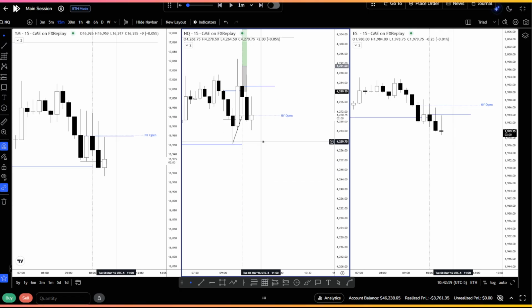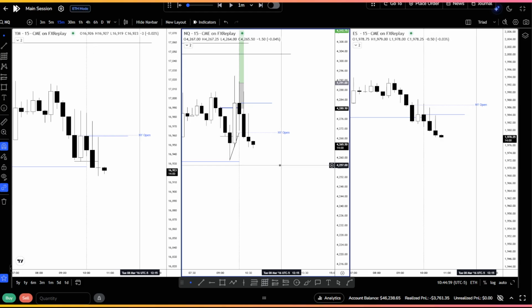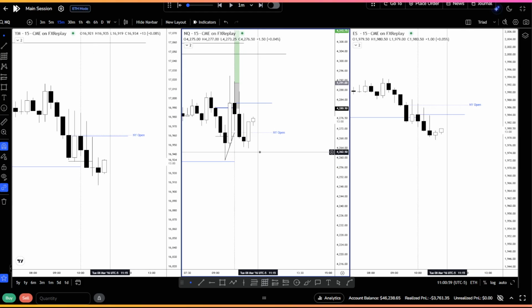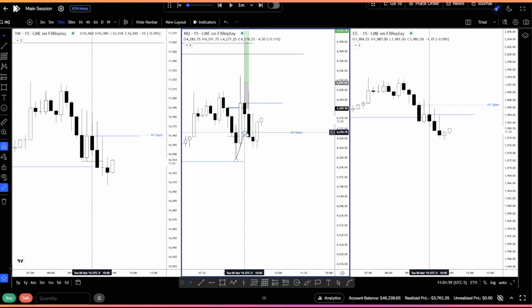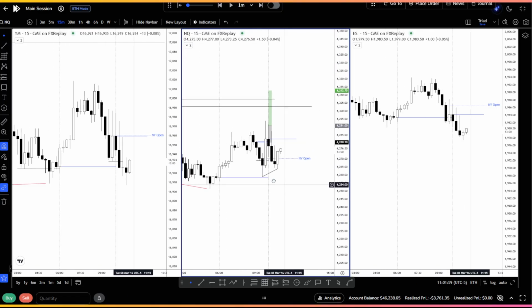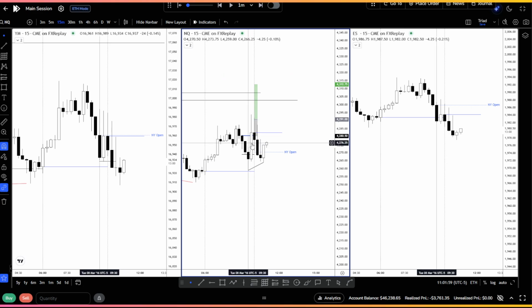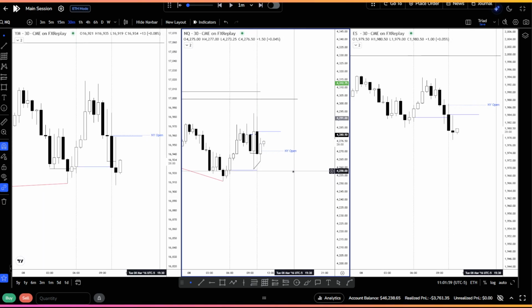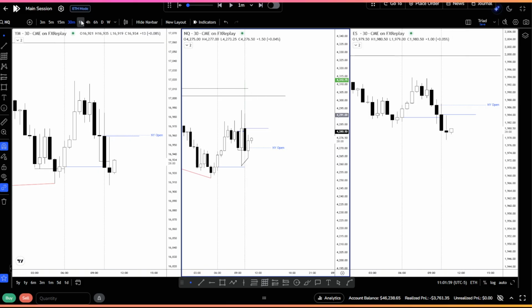This does not look good for the upside, honestly. We are just grinding lower. We do have this SMT now, but as I was saying, I do not want this to go this deep into the range, so I don't know.